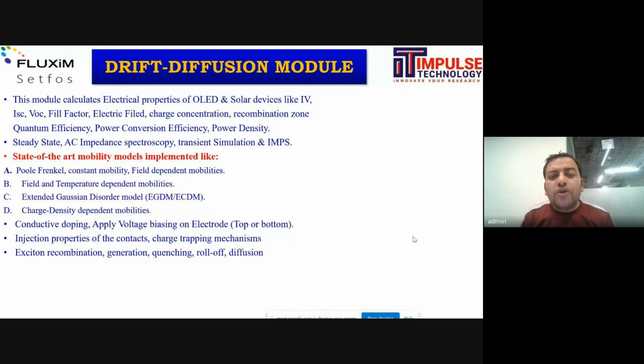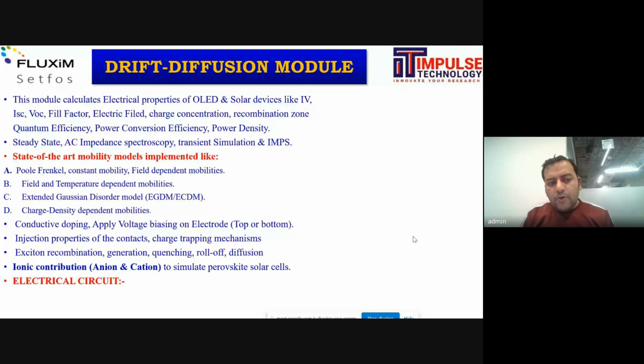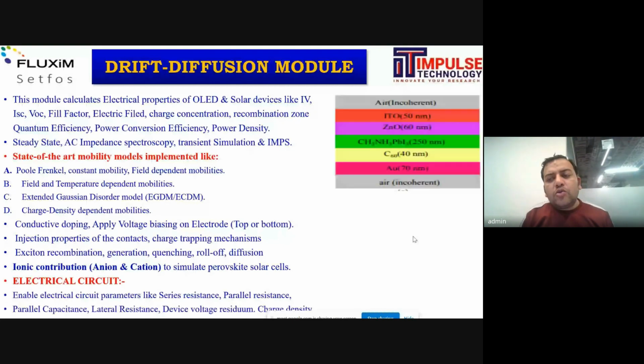You can apply the voltage ramping on the contact, and you can calculate the electrical properties by using this drift diffusion module, including excitons, generation, quenching, diffusion, anions, cations, and including the circuits.